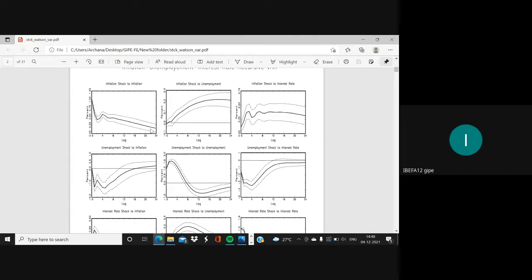If it's a 95% confidence interval, then in 95 out of 100, the true value will lie within this band. That's what the confidence interval means.